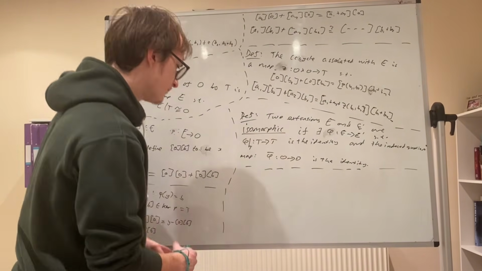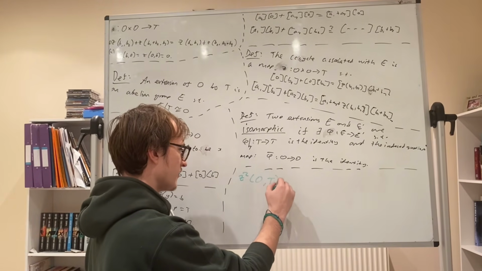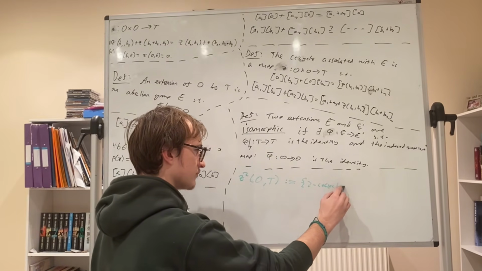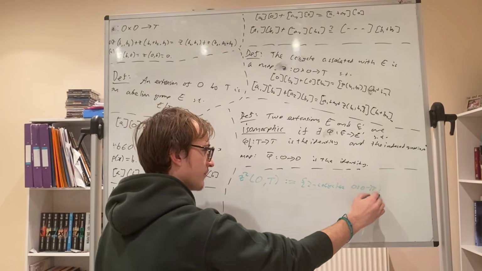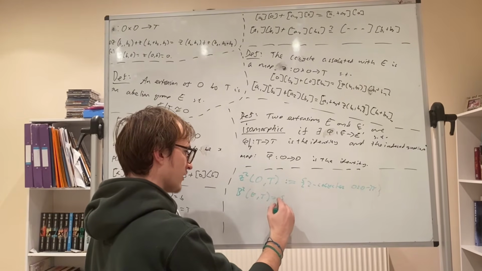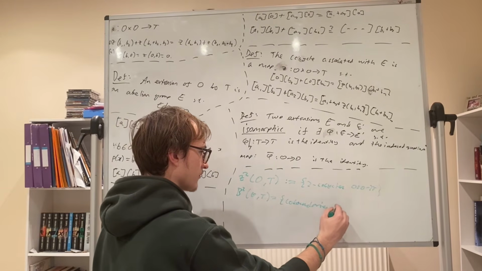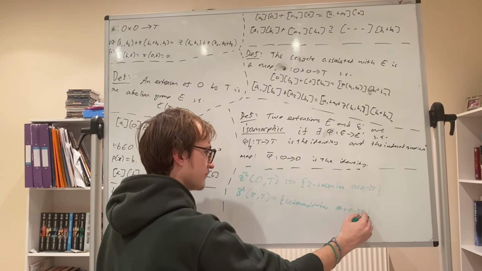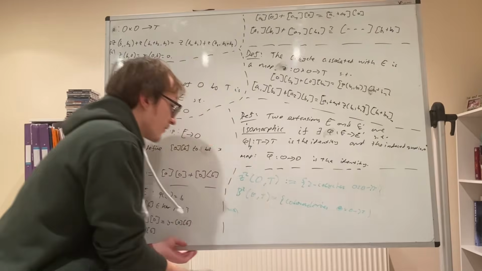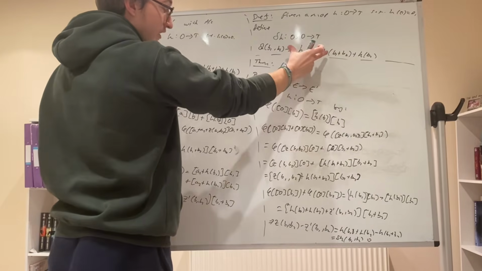So if we write Z2 of O, T to be the set of all two cocycles from O cross O into T, and we have B2 of O, T to be the set of all coboundaries from O cross O into T, then, first things first, notice that a coboundary is itself a cocycle.